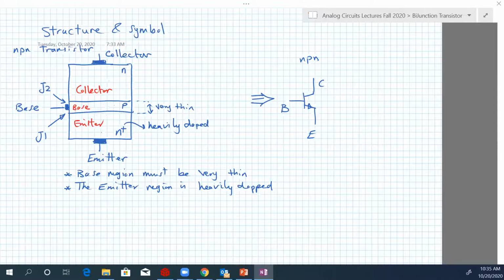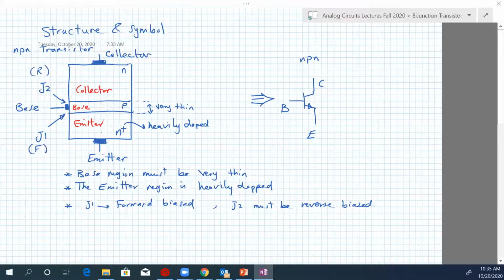The two requirements are as follows. J1 must be forward biased, and J2 must be reverse biased. So this should be forward, this should be reverse, in order for that structure to work as an amplifier.